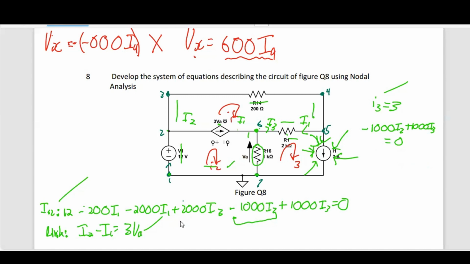If I'm in the I2 loop and I go in through here, you expect any voltage drop across here to be negative. If I'm in the I2 loop, it will be negative, and I3 will be the positive one going up here. I3 here, I1 here. The voltage drop across here will be a combination of I1 and I3 multiplied by 1000.